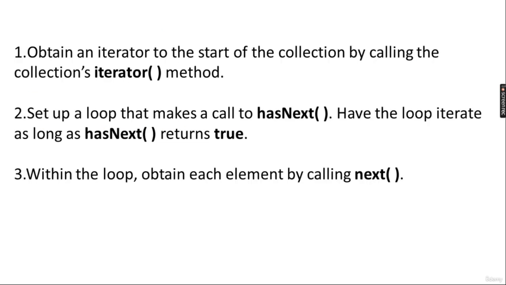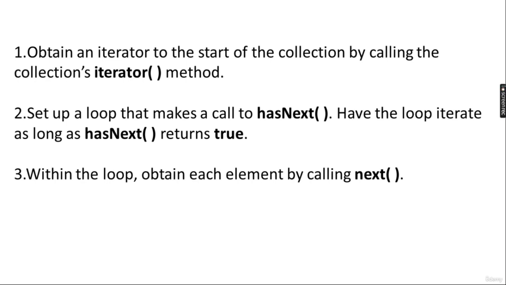Obtain an iterator to the start of the collection by calling the collection's iterator method. Set up a loop that makes a call to hasNext. Have the loop iterate as long as hasNext returns true. First of all, you have to have the iterator object so that you can start from the start of the collection.